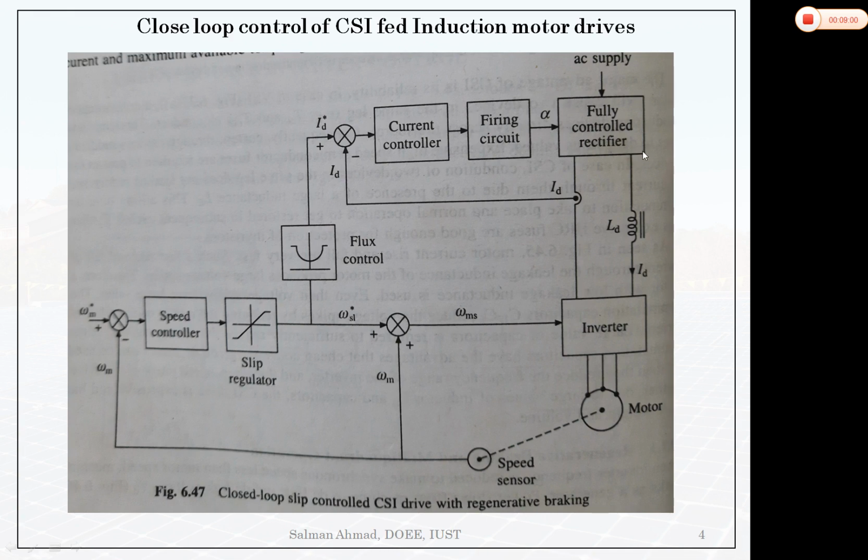So here you can see that both frequency and the DC link current are controlled separately. DC link current is controlled from this fully controlled rectifier, and the frequency is controlled from this inverter.